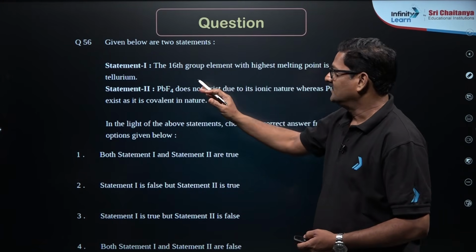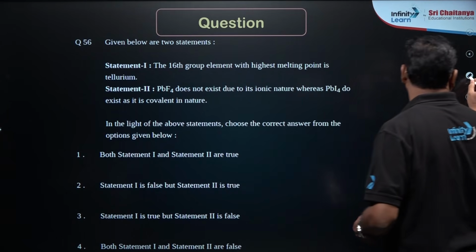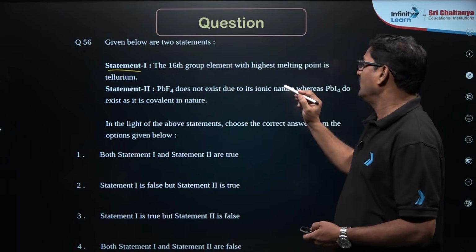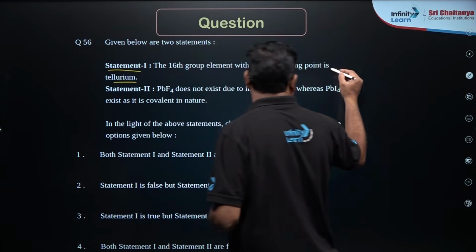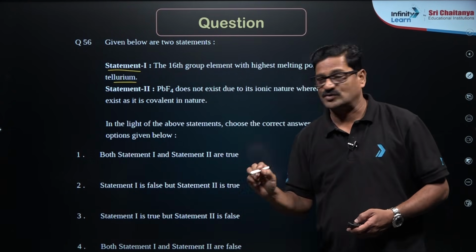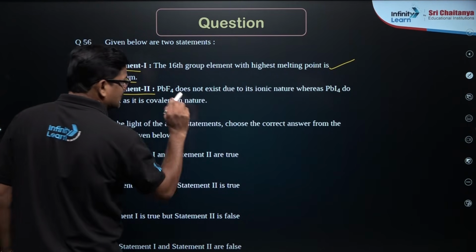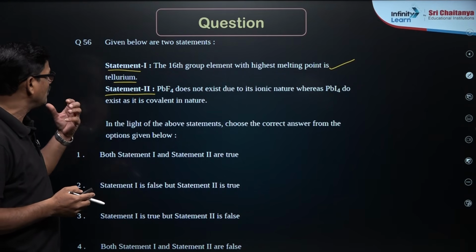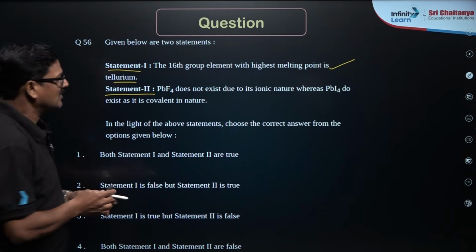Students, here given below are two statements, statement based questions, statement 1 and statement 2. In the 16th group, the element with the highest melting point is tellurium. It is phenomenal, it is given in the NCERT, it is a true statement. Statement 2, PbF4 does not exist due to ionic nature while PbI4 does exist as it is covalent in nature. It is not correct.